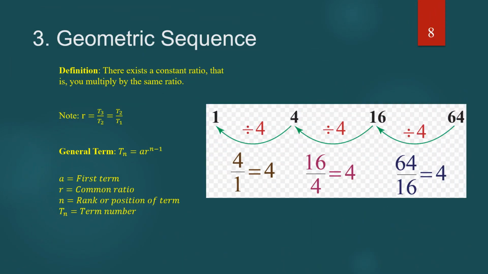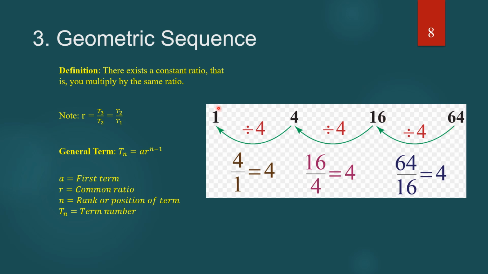Then our last sequence on this topic is a geometric sequence. A geometric sequence by definition is expressed by a constant ratio, that is, you multiply by the same ratio. If you look at the picture as shown, our sequence is 1, 4, 16, 64.